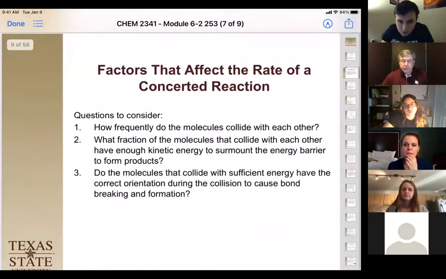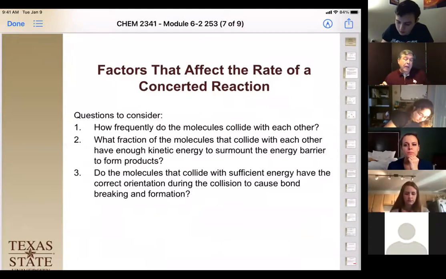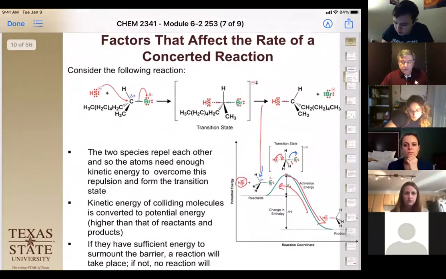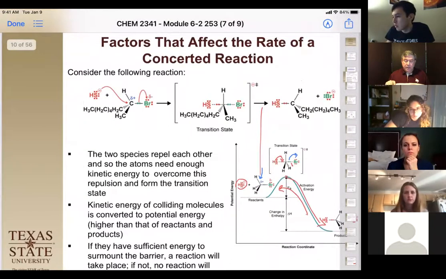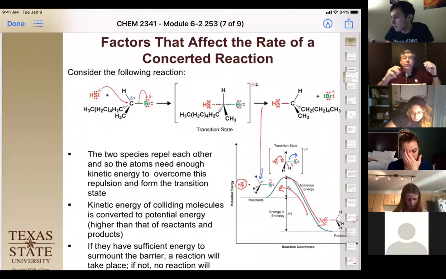Okay. So we have several factors that affect the rate of the concerted reaction, and this explains why the concentration of both things are important, okay? The first thing is the idea that we have to have enough energy for the nucleophile to go past the electron clouds of those groups to start forming that new bond, okay?